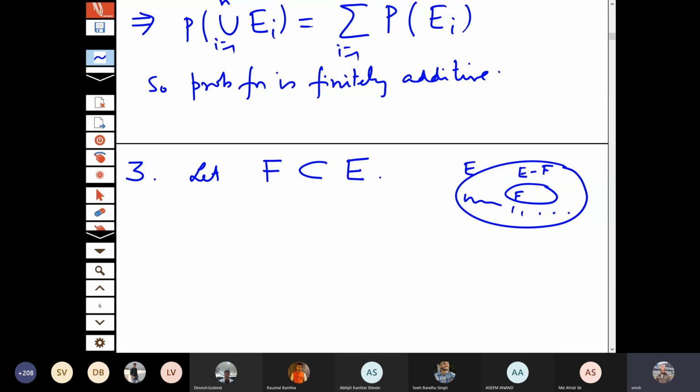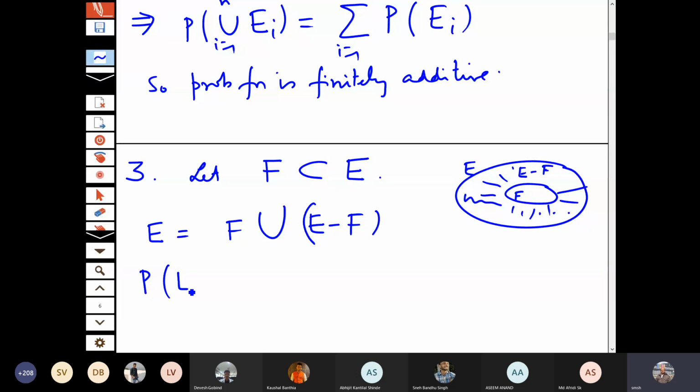So we can write here E as F union E minus F. These two are disjoint. Okay. Clearly these two are disjoint. So probability of E is equal to probability of F plus probability of E minus F.